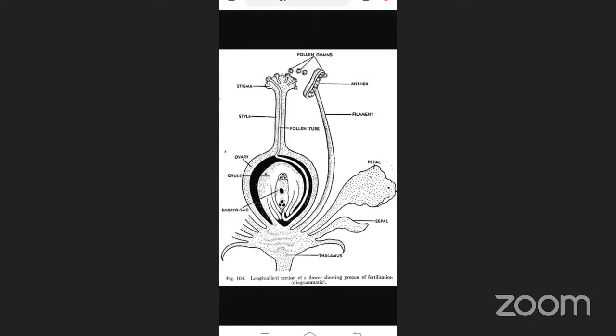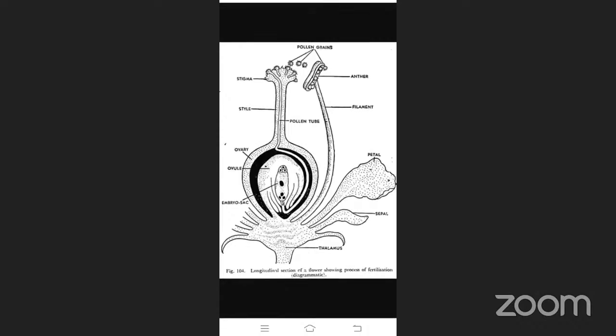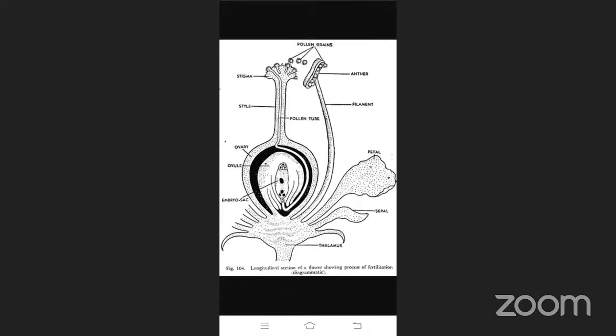Only suitable pollen grains germinate on the stigma within the species. After pollination, the stigmatic lobes close and do not receive other pollen grains.